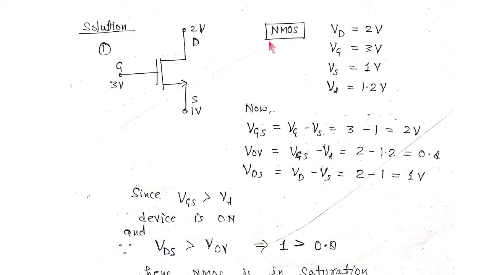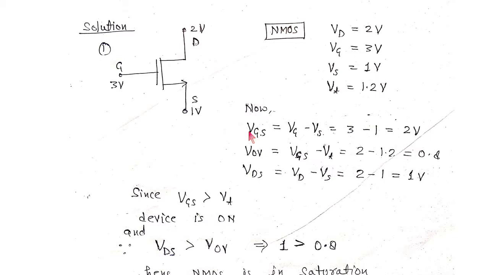From the circuit diagram, we can see that Vd is equal to 2 volt, Vs is equal to 1 volt, Vg is equal to 3 volt, and since it is NMOS, Vt is equal to 1.2 volt.